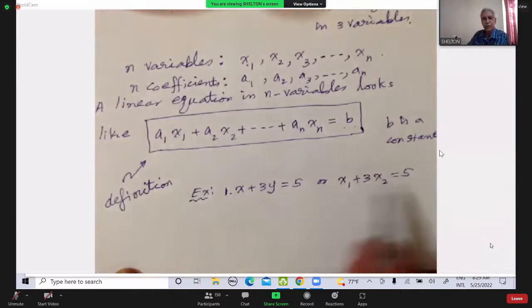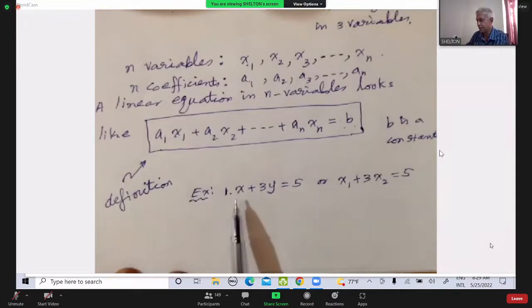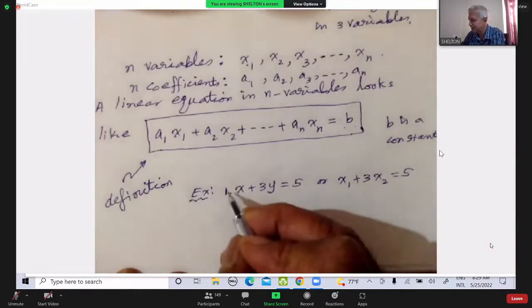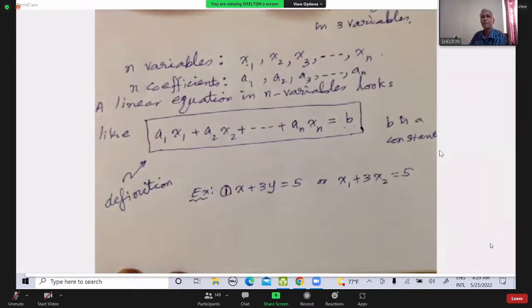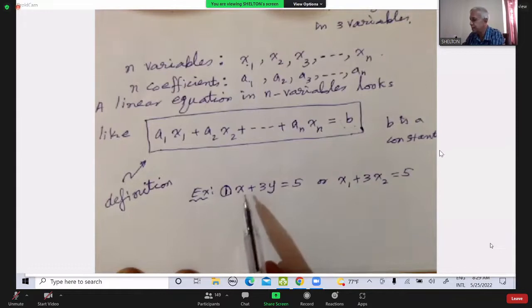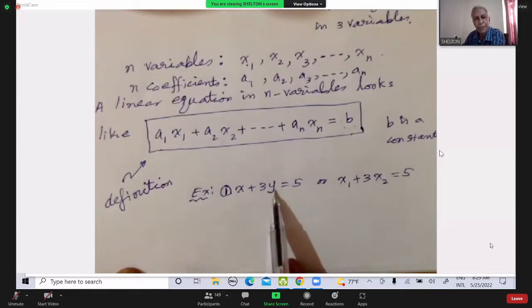Now these two represent the same equation in different notations. In O-level notation, this might look like 1 times x. So x plus y equals 5. The variables there, I have used the letters x, y. Only two, no?